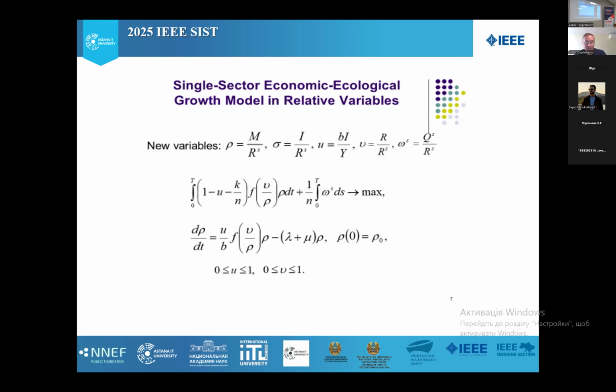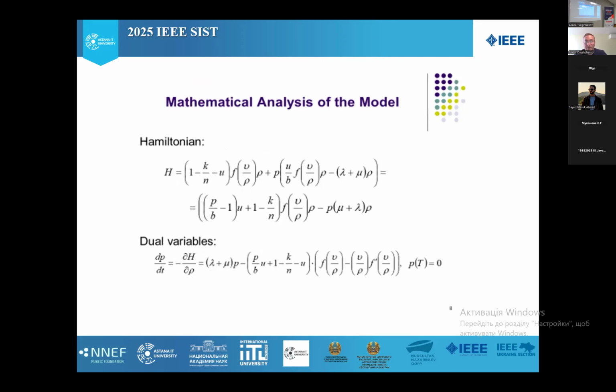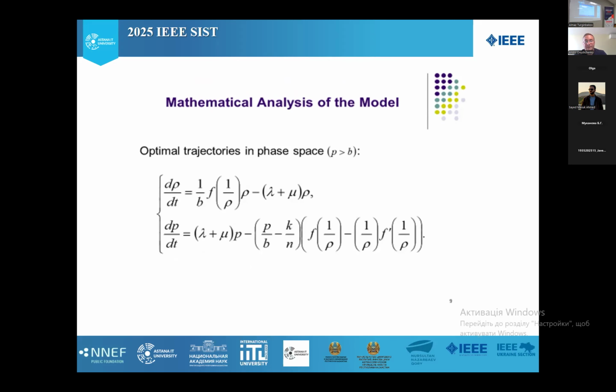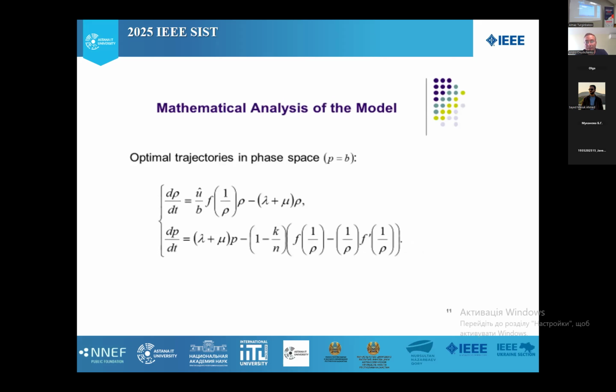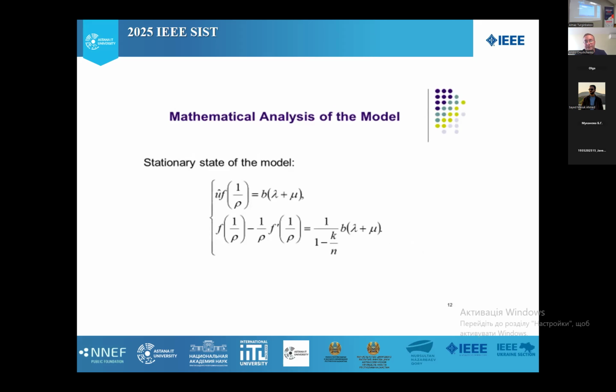The model has three development modes dependent on the ratio of parameters B and P, and also allows you to determine the stationary trajectory. We research three scenarios: P more than B, P less than B, and P equal B, and the stationary state of the model.